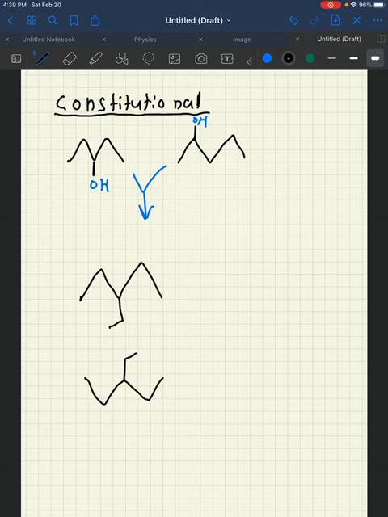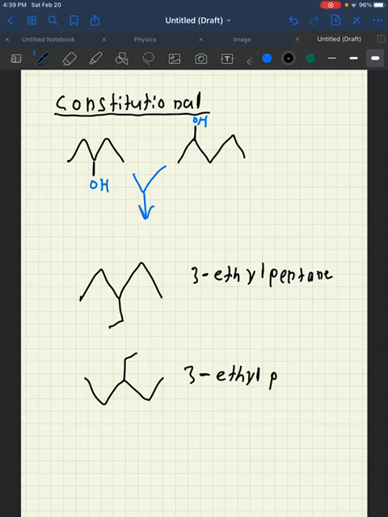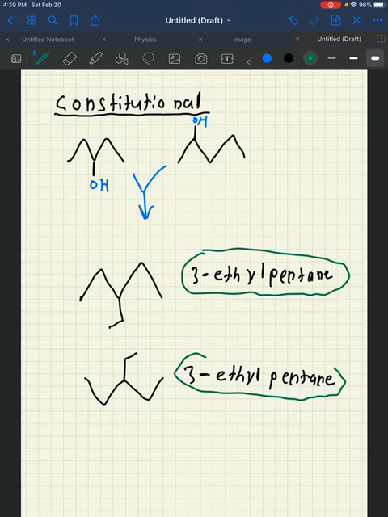Now, are these molecules identical, or are these constitutional isomers? Well, if I name this, I know this is 3-ethyl pentane, and I know that this is 3-ethyl pentane. So if a molecule and another molecule have the exact same name, they are identical.